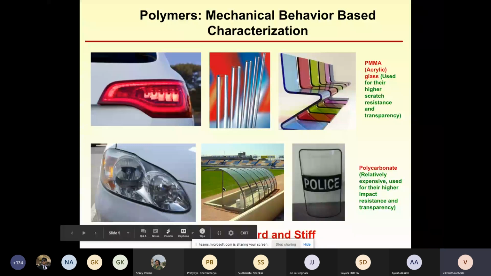Here also, if the players or someone is going to get very rough and fall on these, jump on these, then also you don't want them to break. Now the automobile front light covers are made using polycarbonate, whereas rear ones can be made using acrylic. Why do you think there is a difference between the front and rear lights?